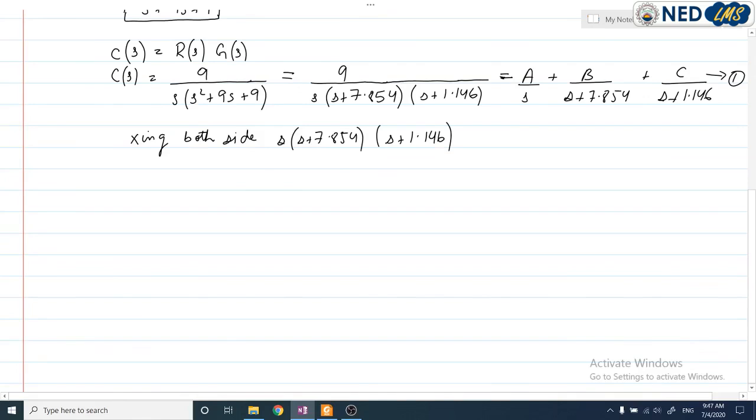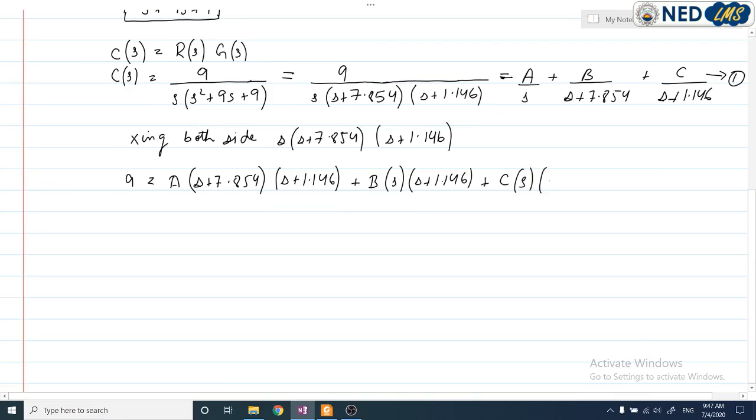So we get 9 equals a of (s plus 7.854)(s plus 1.146), and here b will have s and (s plus 1.146), and c has s and (s plus 7.854). This is our equation 2.